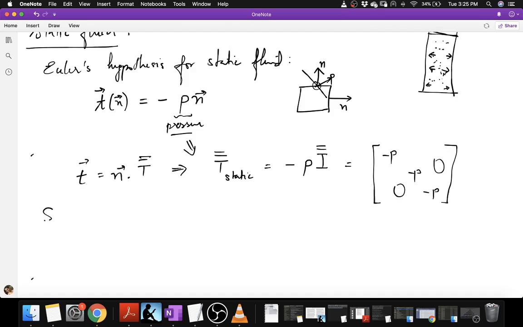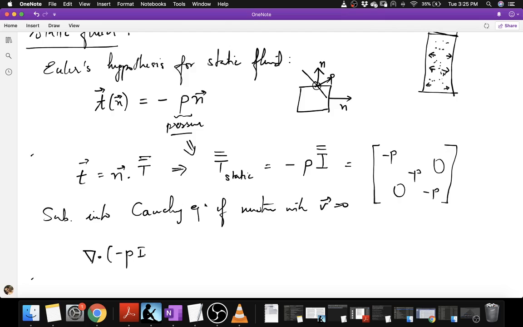And now if we substitute this into Cauchy's equation, along with the fact that V is equal to 0 for a static fluid, we will simply get the divergence of minus P times the identity plus rho G equal to 0.